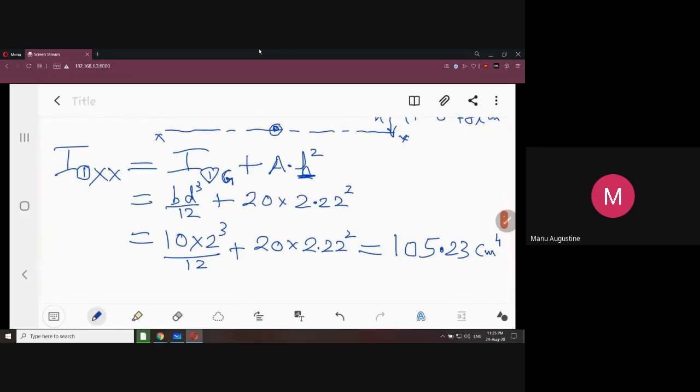Please find out yourself why the unit is centimeter raised to power 4. This is the unit of inertia of area.